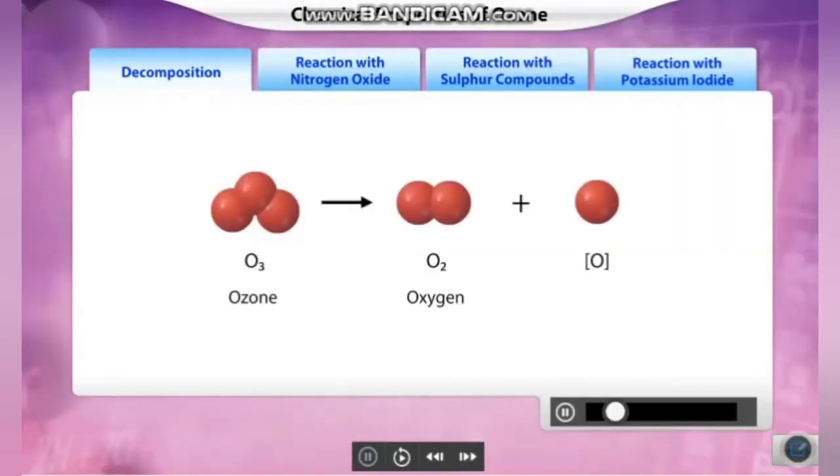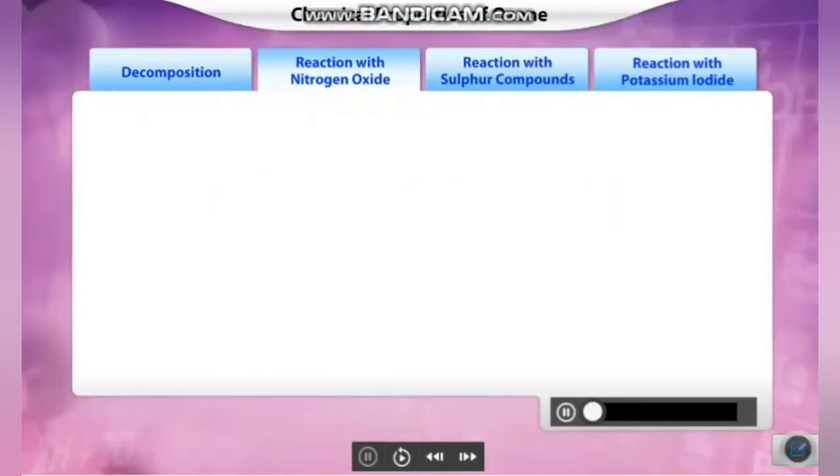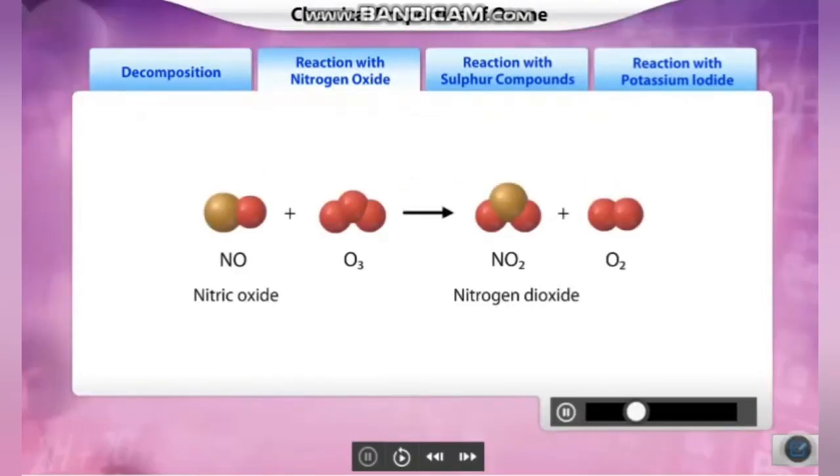Ozone acts as a powerful oxidizing agent. It is unstable and, on warming, it decomposes into oxygen. Ozone oxidizes nitric oxide to nitrogen dioxide.